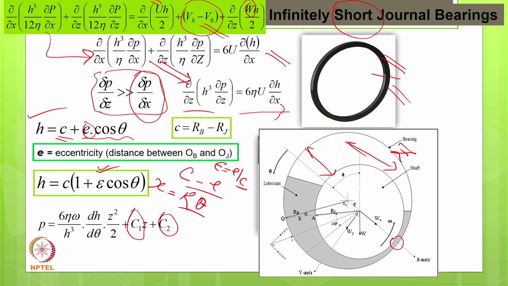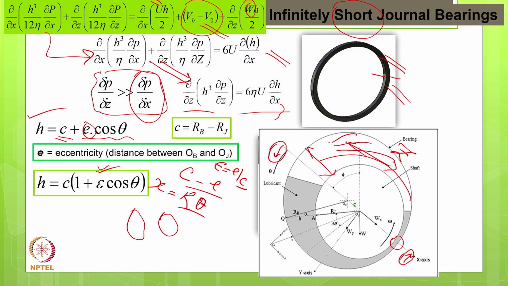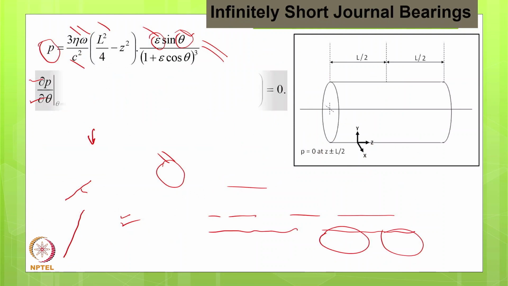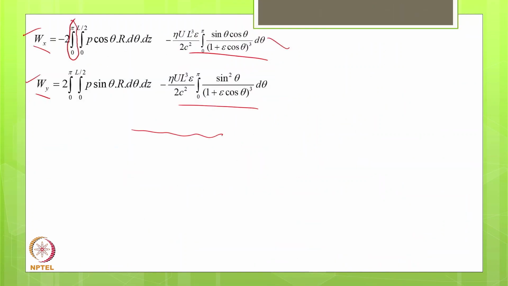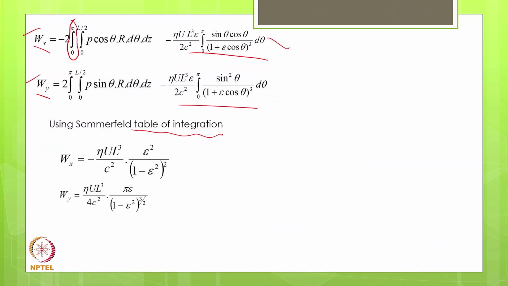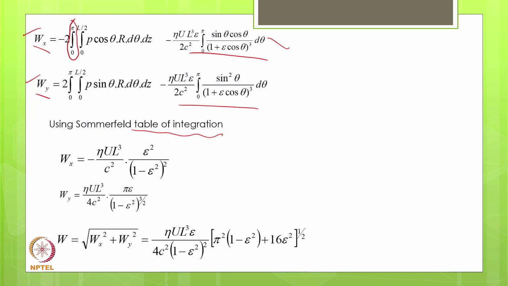Let me explain: the pressure starts from here and ends over here. That is an assumption. Pressure generation will start from here, and this is a divergence zone. There will not be pressure here, it will not be counted as pressure. So this is another assumption, and as I say, most of the time we are solving using a number of assumptions that may not be valid for every situation.